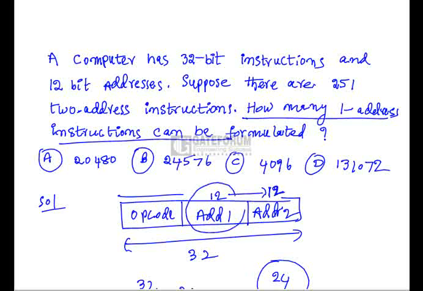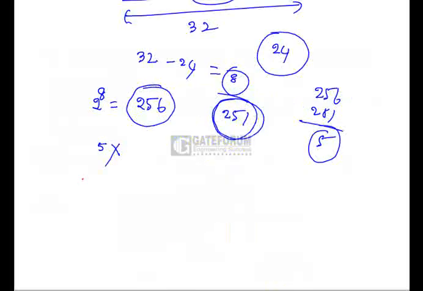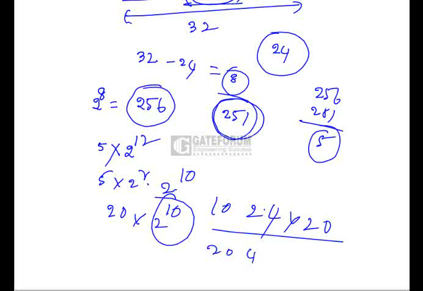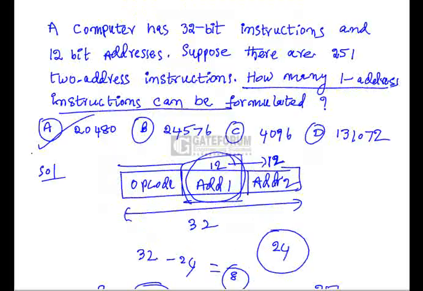This 12-bit first address can be used as opcode. So the remaining 5 combinations in the two-address instructions, times these 12 bits which we reserved for the address part, can also be used as opcode, so that it will become 5 into 2 power 12. That is 5 into 2 power 2 into 2 power 10, we can write like this. So this is 20 into 2 power 10, that is 1024 into 20. So it is around 20,480. That is option A.